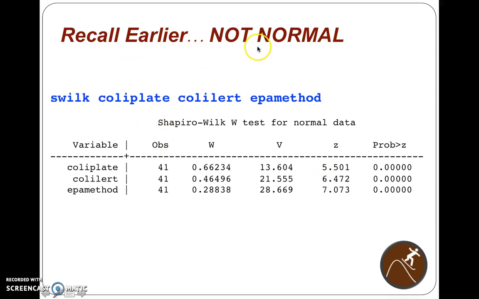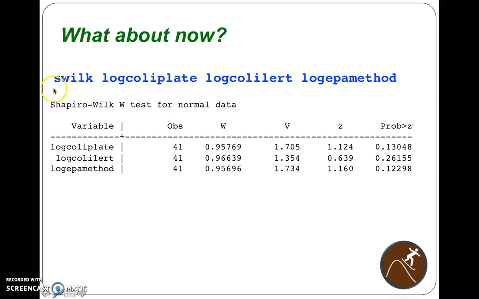If you remember earlier, the data clearly were not normal. So now we can do the Shapiro-Wilk test again, just on the log transform data. So what about now? Shapiro-Wilk, log Kohli plate, log Coiler, log EPA method, and look at this. All the p-values now are above 0.05.